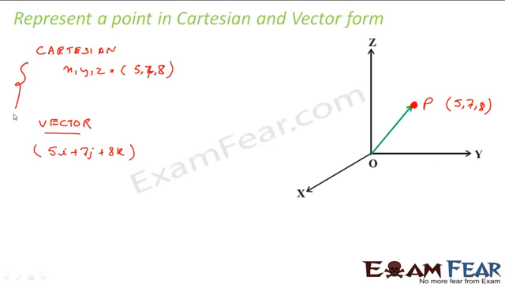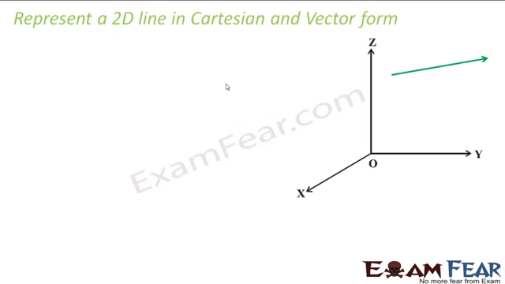So this is my Cartesian and vector form representation for a point. This is something which we know. Now let's talk about a line, a 2D line. If there's a 2D line, we are not talking about the z axis now, okay? So this is x, let's suppose this is y, and this is not there.